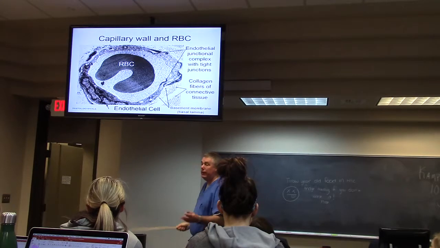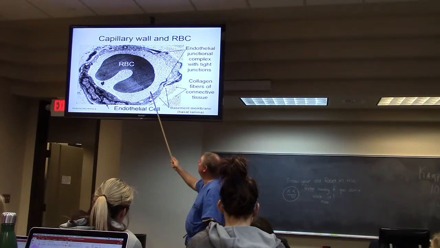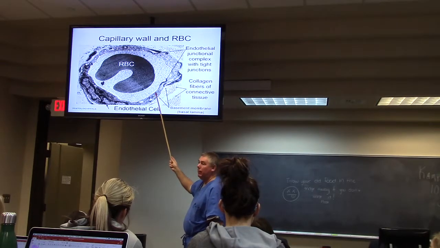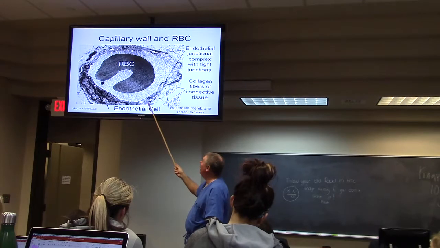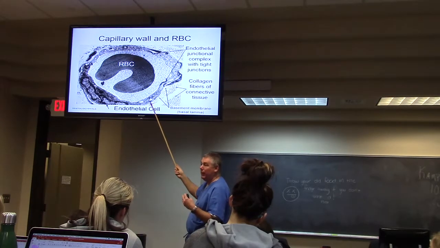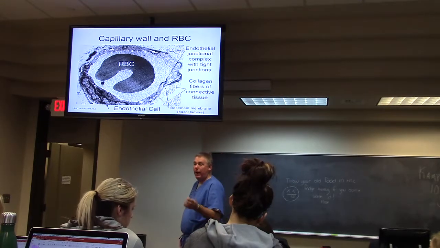So you understand that in order to get gas exchange, it has to go through the inside membrane, then diffuse across the cytoplasm, and through the external membrane, and then you've got to do the same thing to the type 1 alveolar cell. Okay?